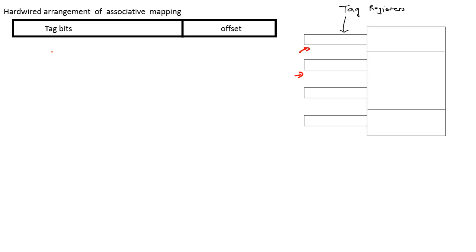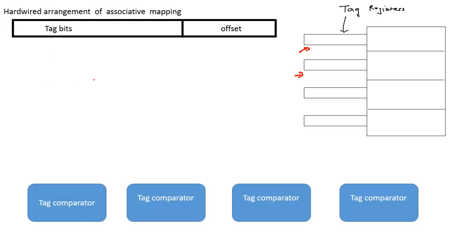So let's see here. Now in this example, we have four cache blocks, and that's why we need four tag comparators.